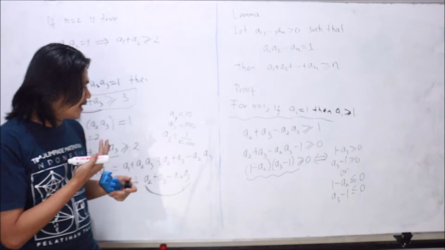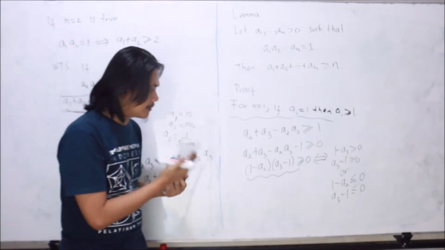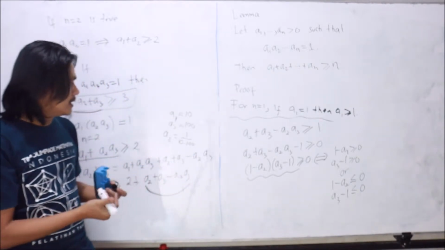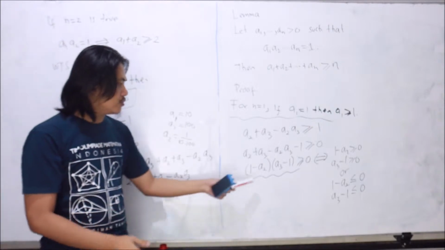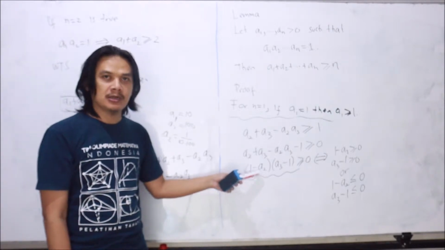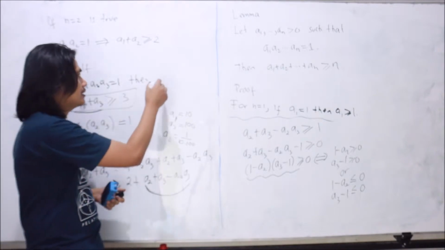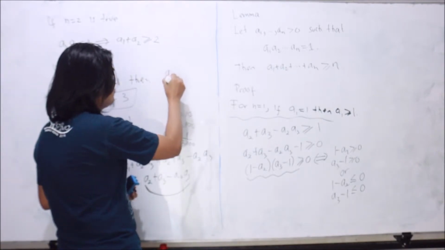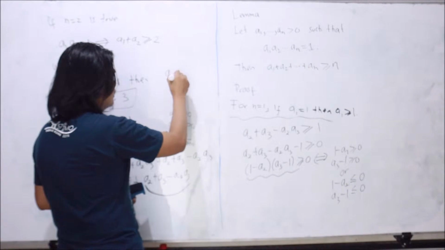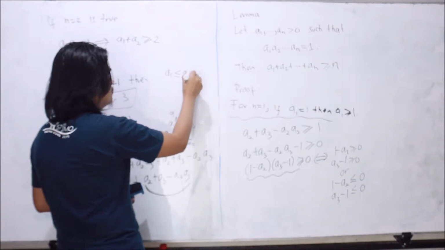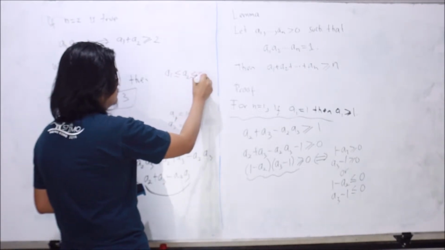Okay? So we can see that to make the proof work, we need to choose a2 to be the smallest among a1, a2, a3. So is it true that if we have, let's say, a1 less or equal to a2 less or equal to a3, okay?